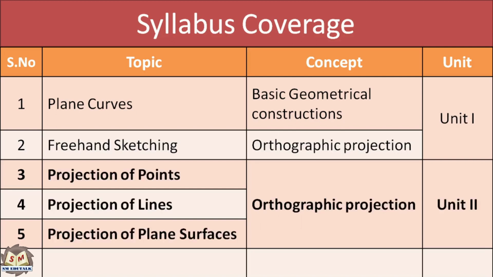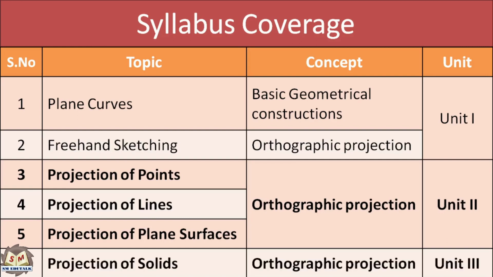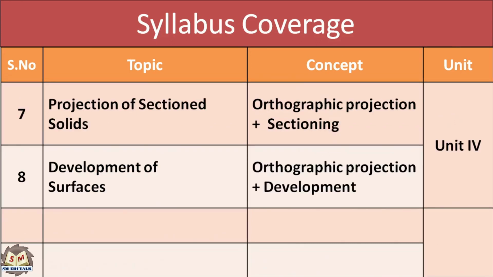In the second unit, you will learn how to draw 2-dimensional views of point, line and plane surfaces using orthographic projection. Also, the third unit deals with the representation of solids as 2D views in orthographic projection. Again, the same orthographic projection is used in the fourth unit, but in addition, you will learn the sectioning concept in the first half and the development concept in the second half.